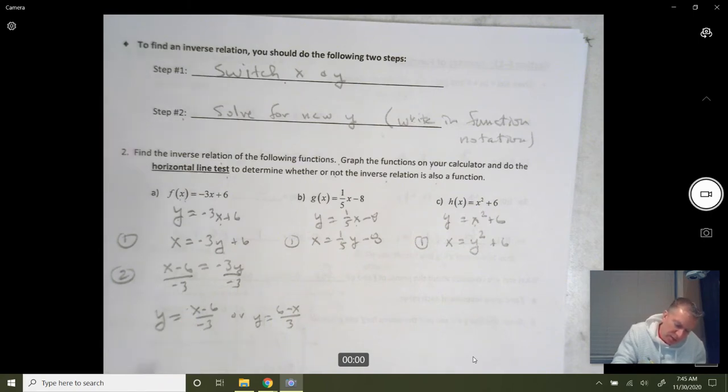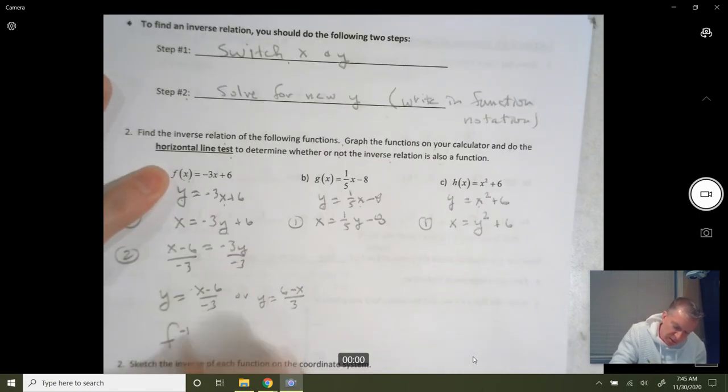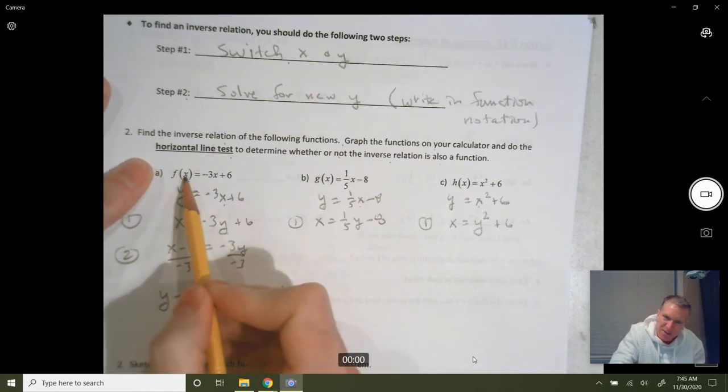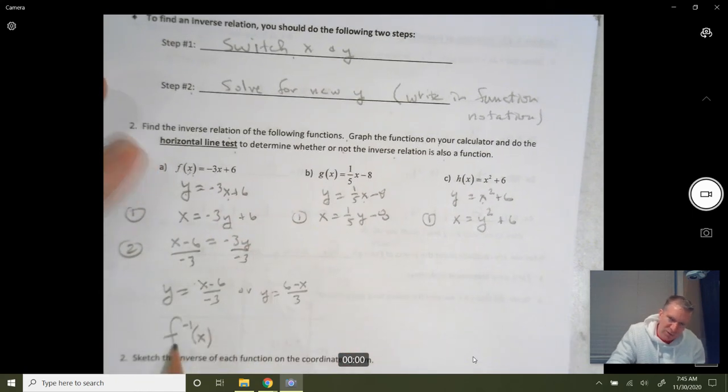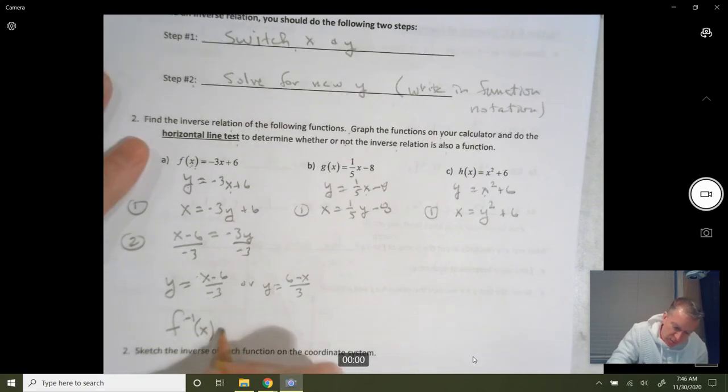And then function notation says that we would rewrite this as f inverse of x. So if f is written as f of x, f inverse is written as f inverse of x. That's how you say it. f inverse of x equals 6 minus x over 3.